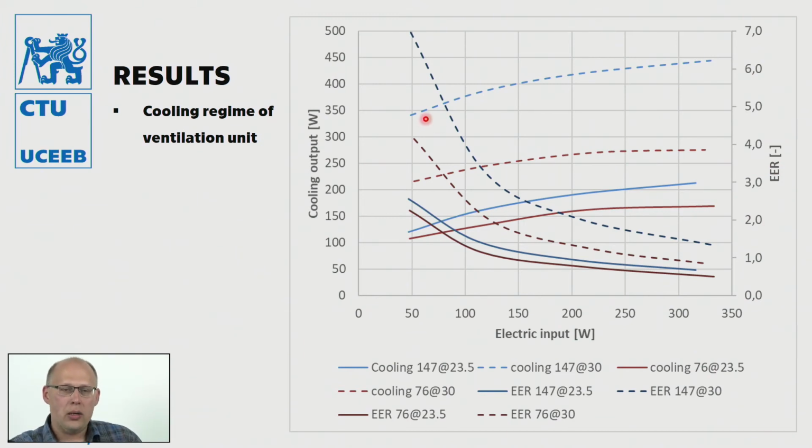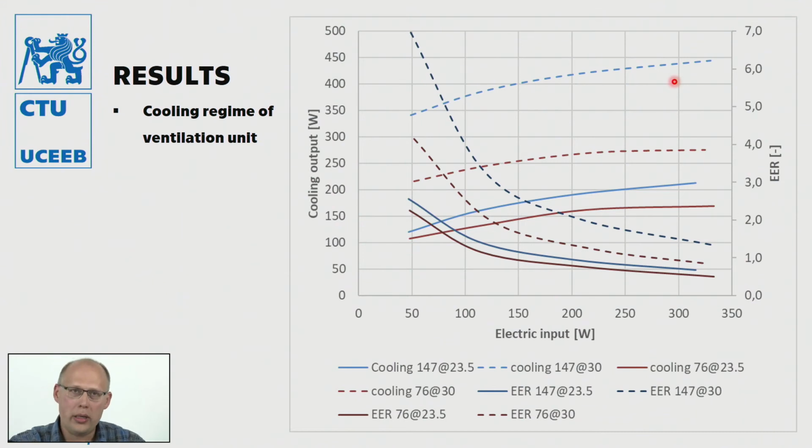What you can see first is that cooling output increases with electric input, but the increase is not straight. With higher input, it slows its increase. The reason is that in the heat exchanger, there is a lot of heat which goes against our cooling output.